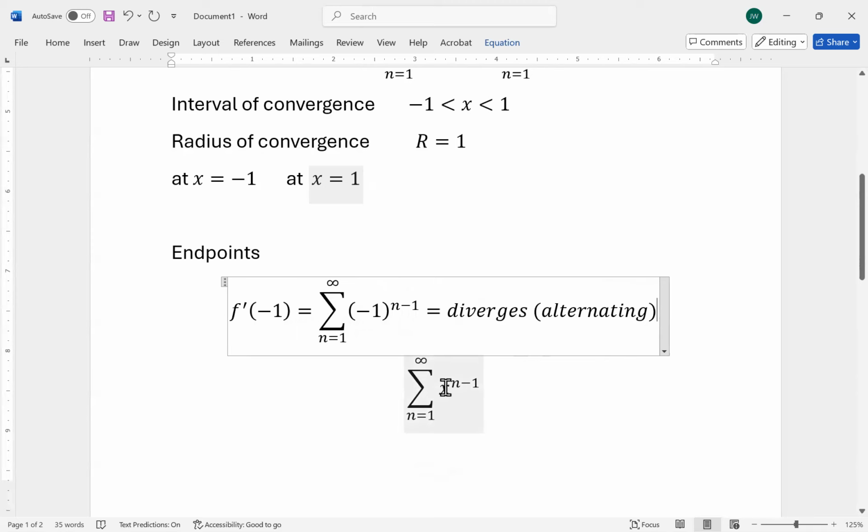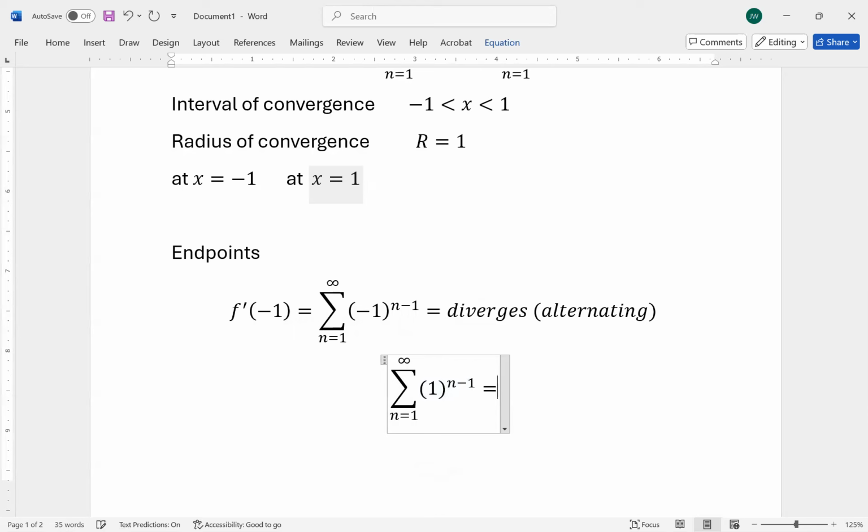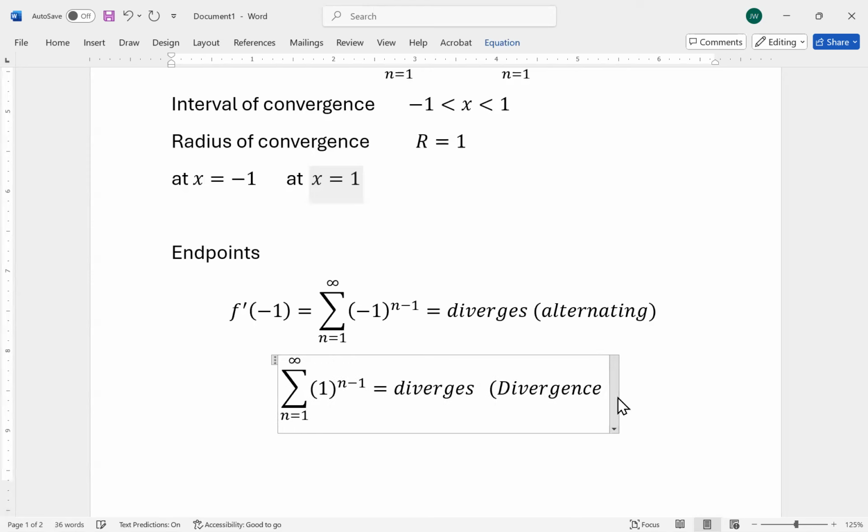If I plug in a positive 1, 1 raised to any power is just 1. And so you're summing up 1 over and over and over, and that also diverges. That's the divergence rule there.